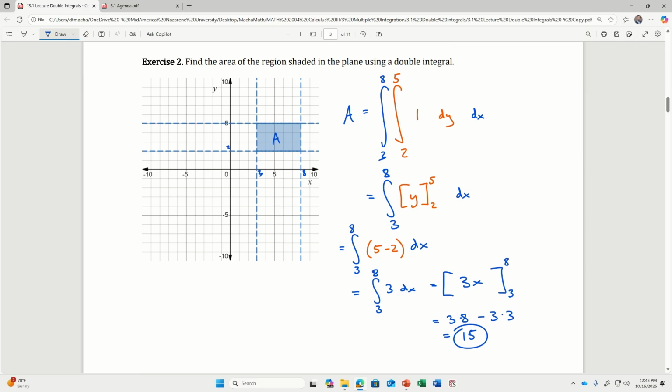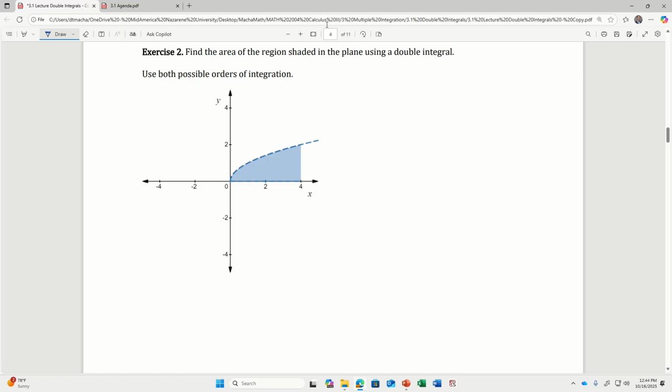And that should agree with what you thought intuitively at the beginning, that that would be a rectangle with area 15, right? But the purpose of doing it this way, of writing it as a double integral and then working through every step, is just a stepping stone for doing more interesting questions in the future. But I want you to start thinking about how I would represent areas in the plane using the bounds of a double integral. Here's another one.